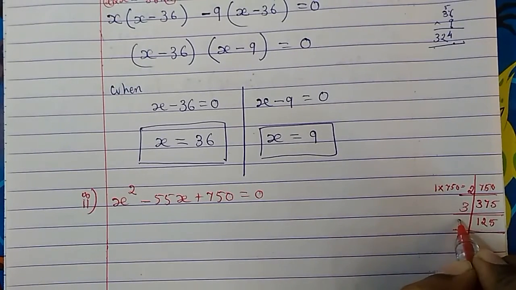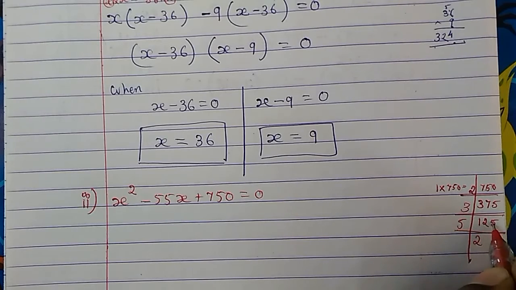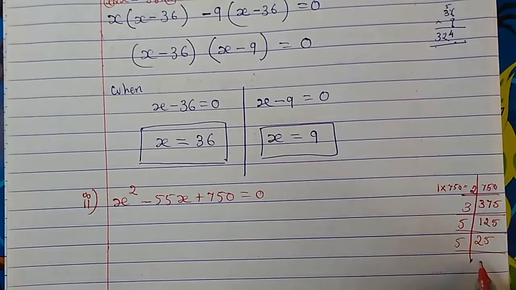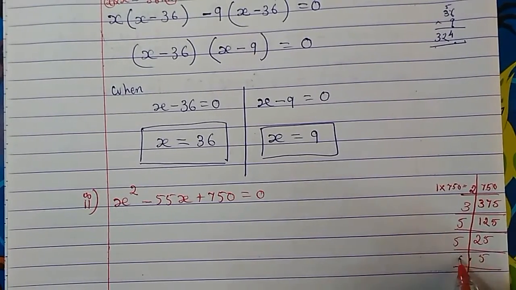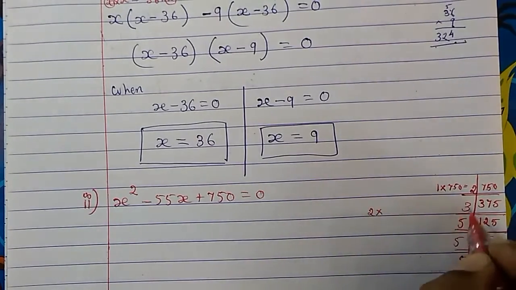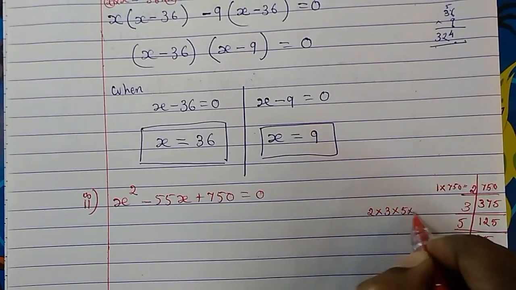Then this can be divided by 5. So 2 5s are 10, 2 carried forward, then again 5 5s are 25. Then 5 5s are 25. Okay, so these are the factors we have, that is 2 into 3 into 5 into 5 into 5.